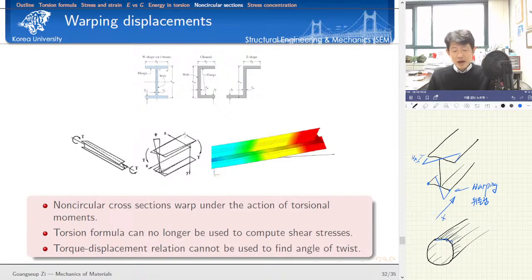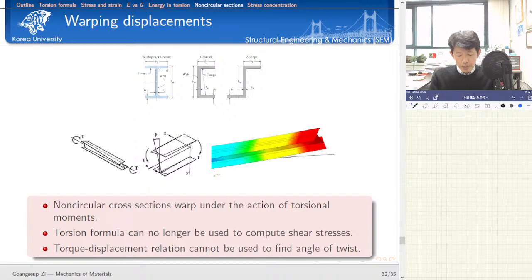But if you consider arbitrary sections like I-shaped sections, or even rectangular section, box girders, we always have warping. That causes problems. We have secondary stress development. To prevent such warping, what we do is put the diaphragm.